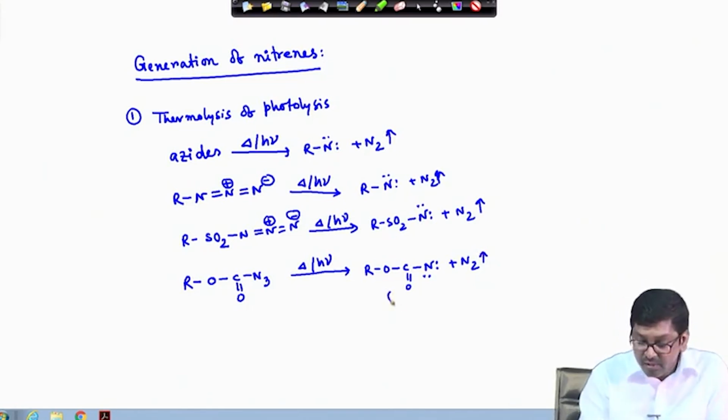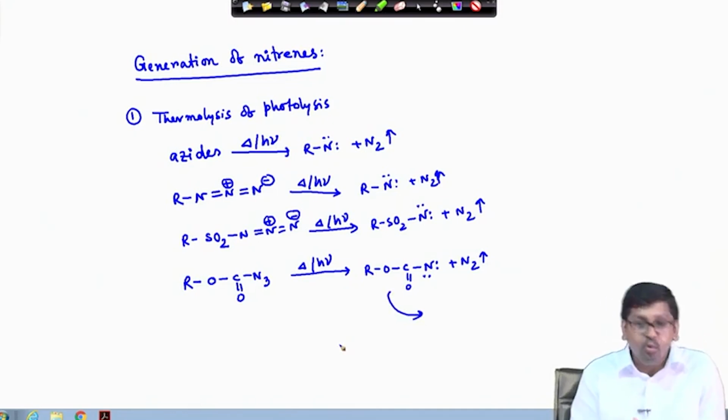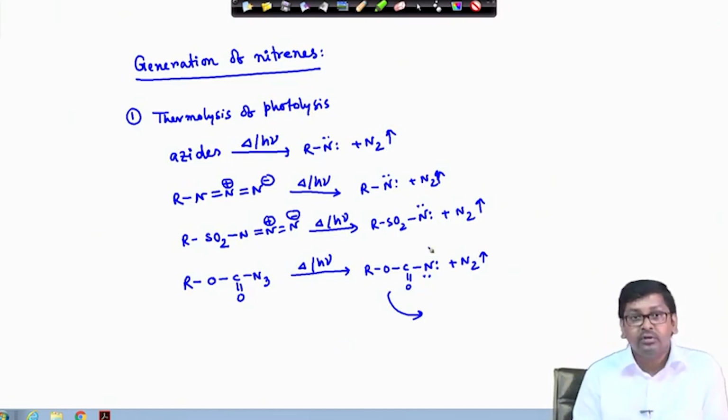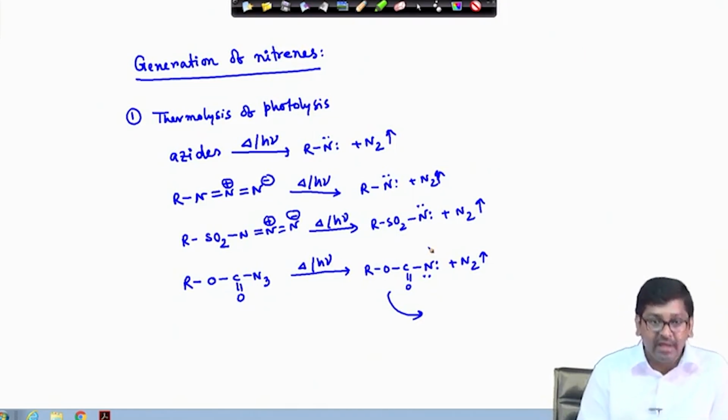And it has been found that these nitrenes are more selective in nature than the corresponding carbenes. Carbenes are very reactive, and in most cases they insert in a non-selective manner. But it has been found that nitrenes can give a lot of selective reactions.